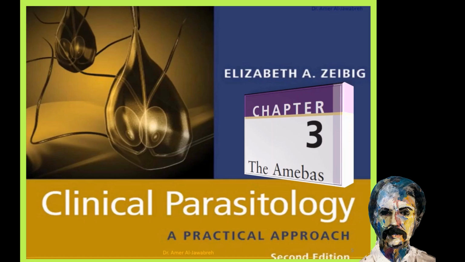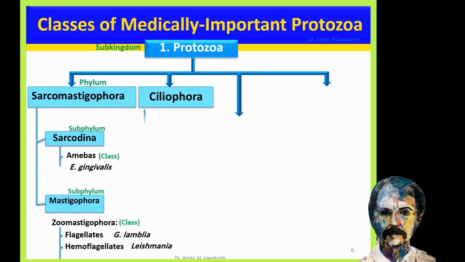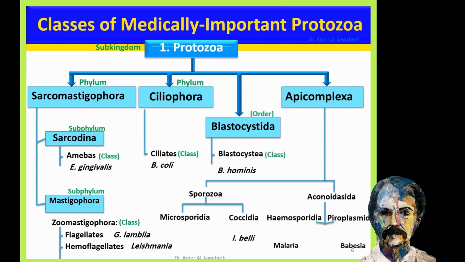We are still in chapter 3, amoebas. Taxonomically speaking, we are still in the Sarcomastigophora, Sarcodina, amoebas, Entamoeba gingivalis.